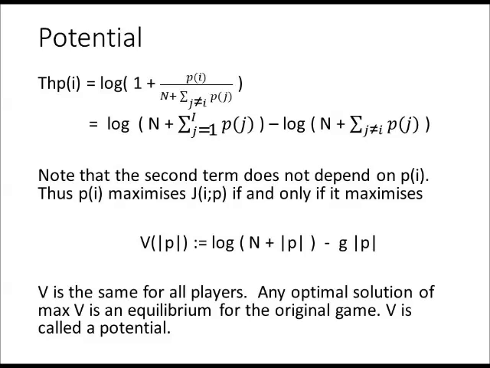Therefore, we can just delete it, which means that we added a function that does not depend on p_i, which again doesn't change the maximizer of the utility in terms of player i.